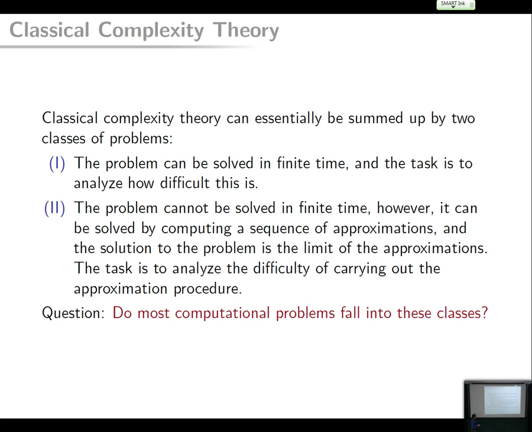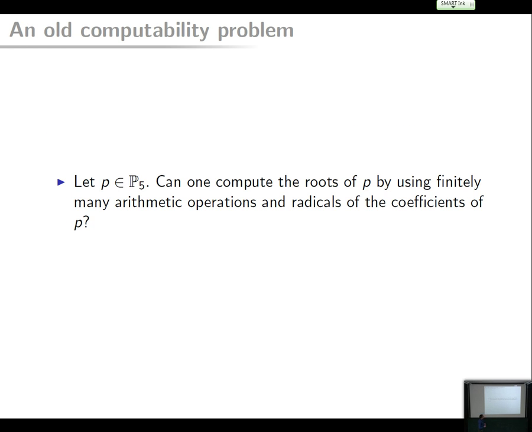The key question that I would like to ask is, do most computational problems fall into these classes? If I have a polynomial of degree 5 and I can see the polynomial coefficients, can I compute the zeros of that polynomial by using finitely many arithmetic operations and radicals?